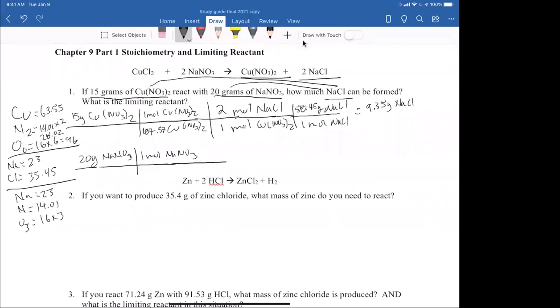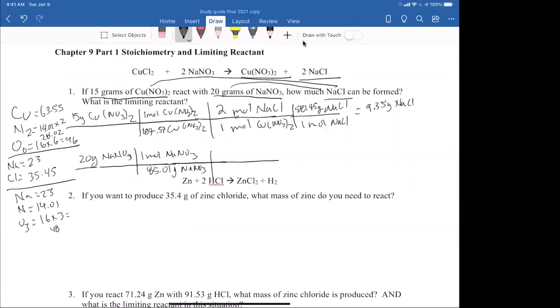So then we do 16 times 3 first. That's 48. And we're going to do 48 plus 14.01 plus 23. That gives us 85.01 grams of NaNO3.